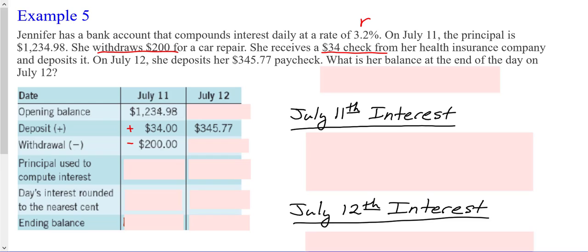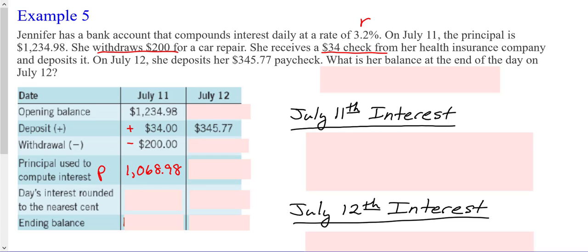So now we need to calculate what our new principal is for the end of the day. At the end of the day, our new principal is $1,068.98. And when we calculate interest, we use the principal from the end of the day.